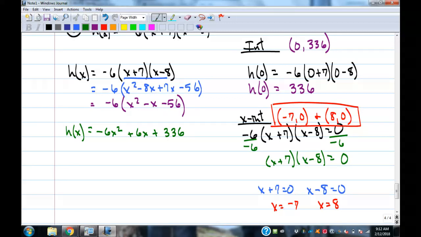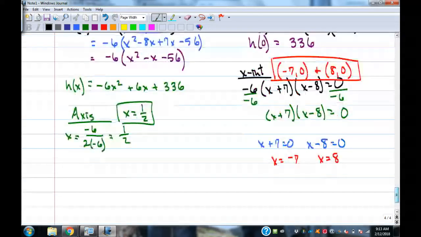All right. Now, from there, we can find our axis of symmetry by just doing negative b over 2a. So negative 6 over 2 times negative 6 would be 1/2. All right. So our axis is at x equals 1/2.